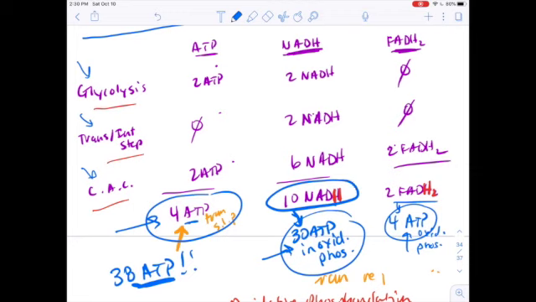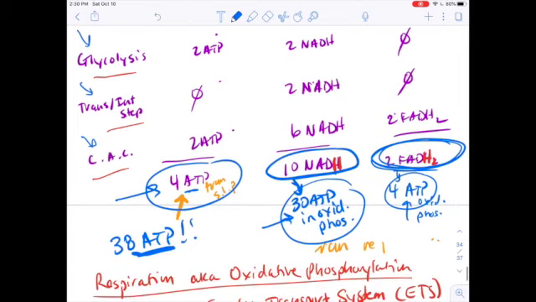So these are the goodies. Oh, this reducing power makes so much ATP for the cell. But here's the deal. This is for prokaryotes.